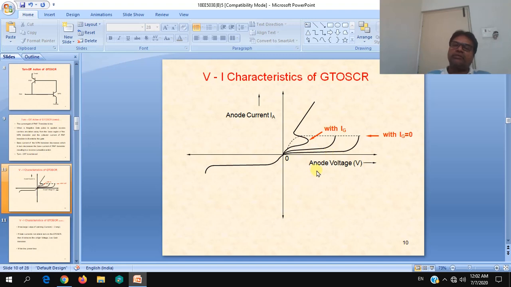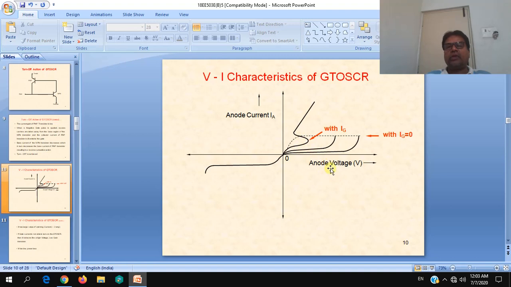For comparison, if the gate current is 1 amp for turning on, then around 20%, that is around 0.2 amperes of gate current should always be maintained in the gate cathode region, so that GTO-SCR remains conducting in the on state.